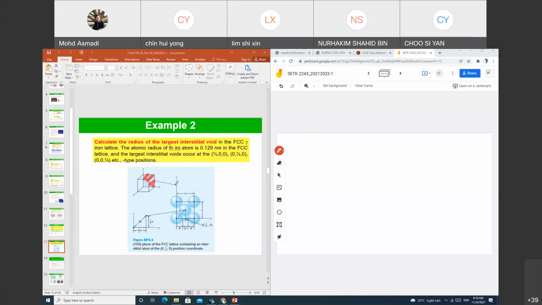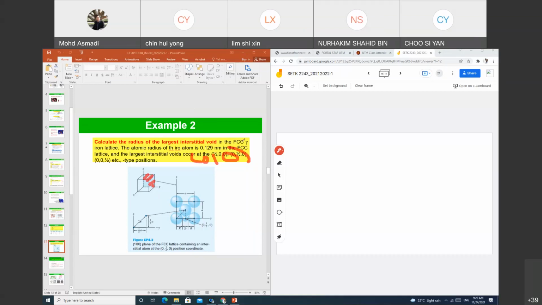So the plane is 0, 1, 0. See, this is the plane, right? 0, 1, 0.